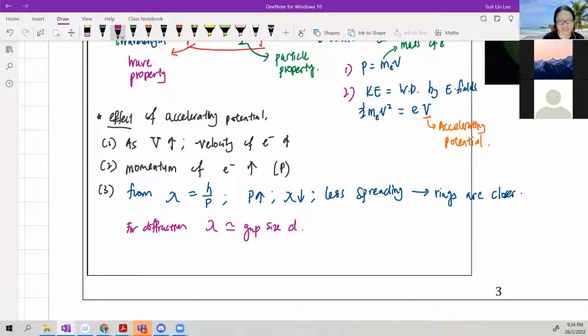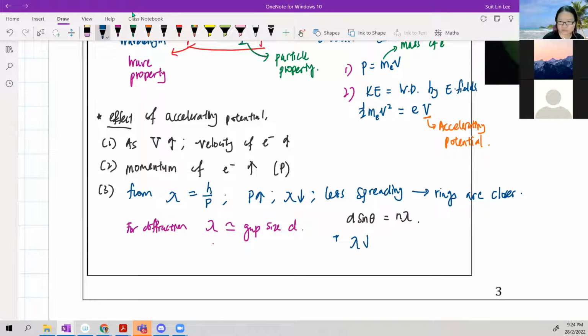Also we say things like, when gap size decreases, more spreading; when lambda decreases, less spreading. I think the best way I can help you settle the headache is to just use the equation. Remember, d sine theta equals n lambda.